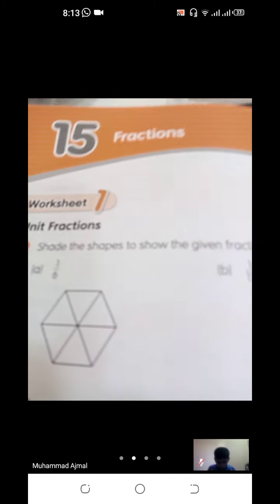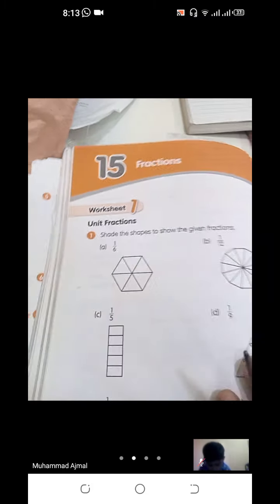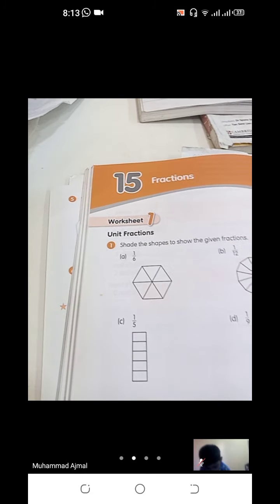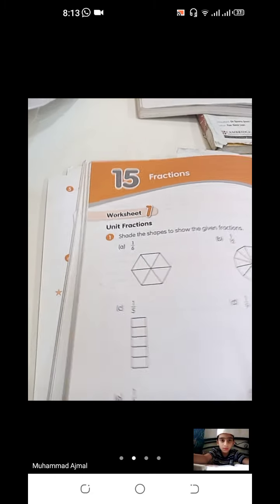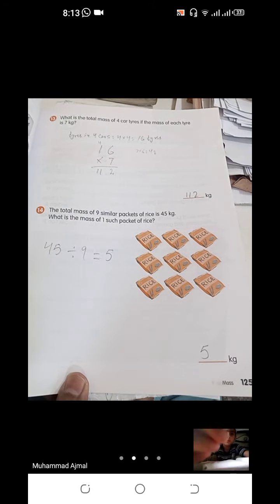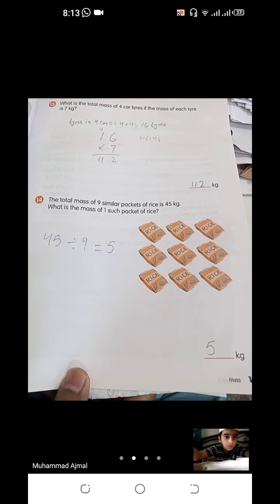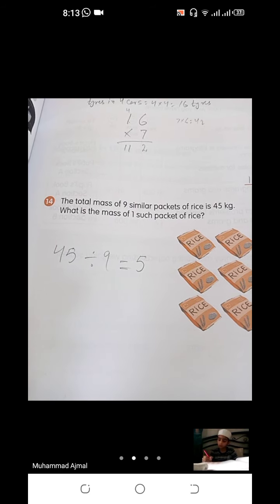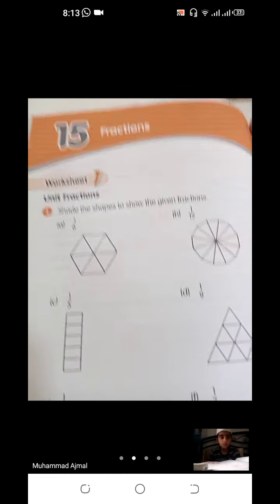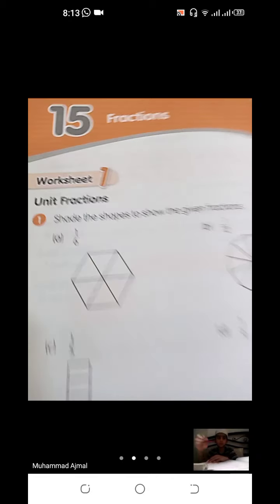Come to page 194. Page 194, this is fractions. How can we understand fraction? Look here. Fractions are numbers.